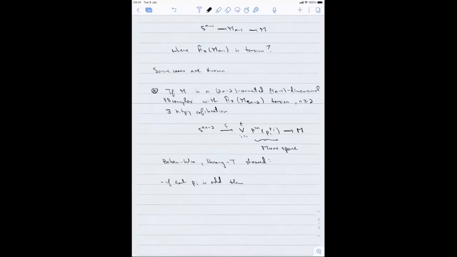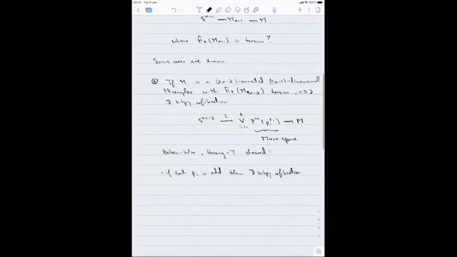So if each prime is odd, you can do an analysis that looks similar to the things we were doing before.